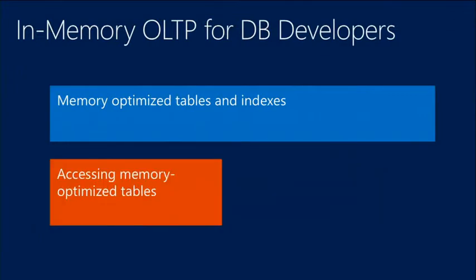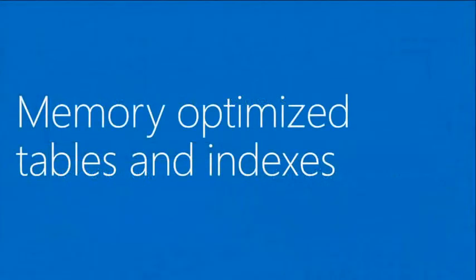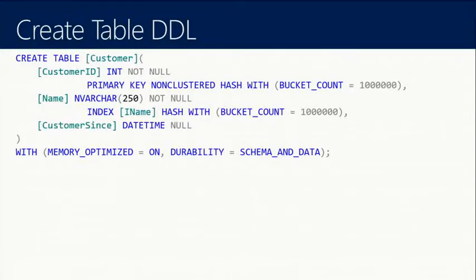So that's basically these three things. The core thing is your memory-optimized tables and indexes, how to specify them, how to use them, what they actually look like, how to access them from your application, and the ramifications of the transaction semantics in your application. So first of three, of course, memory-optimized tables and indexes.